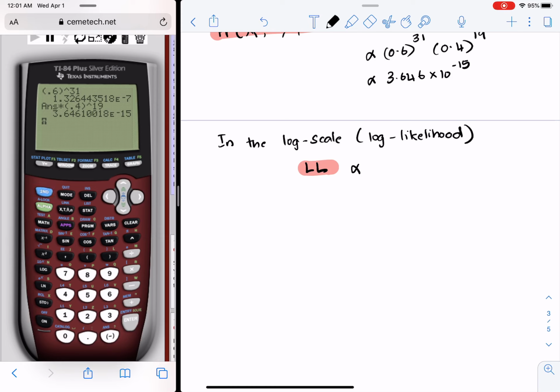We typically go for the natural logarithm, so the natural logarithm of 3.4646 times 10 raised to negative 15.